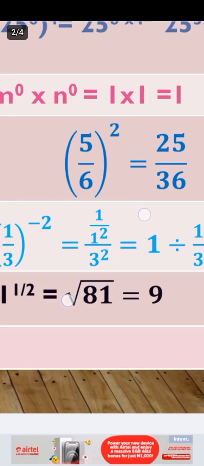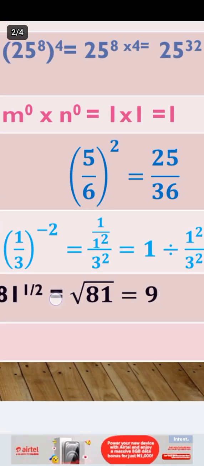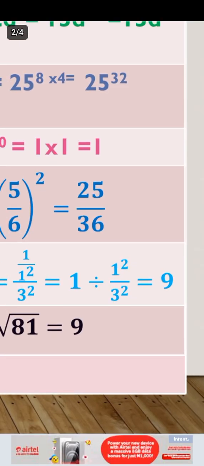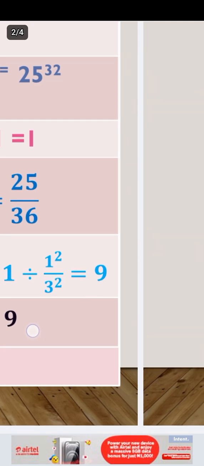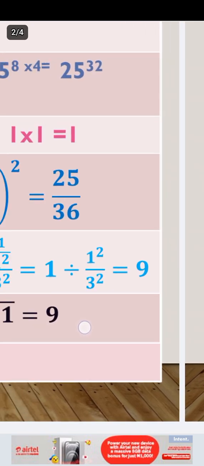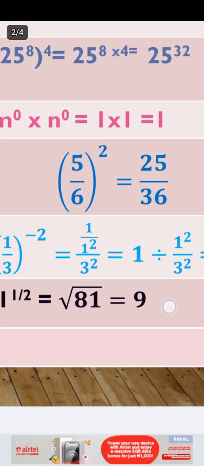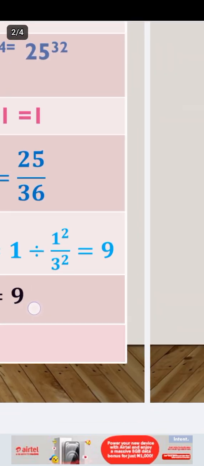Now, we can take another example of this in this section on fractional indices. Okay? I think that is all we need to do there.